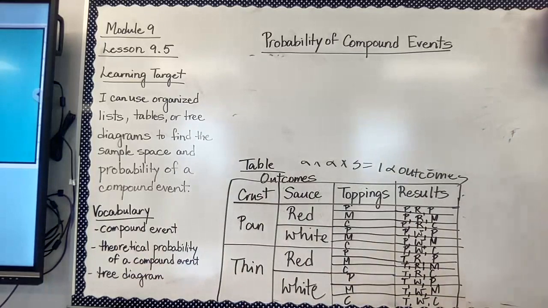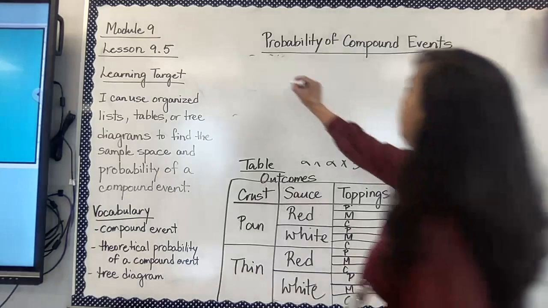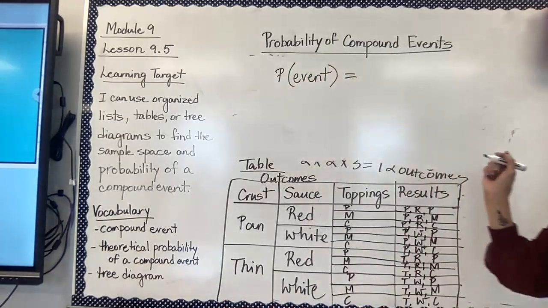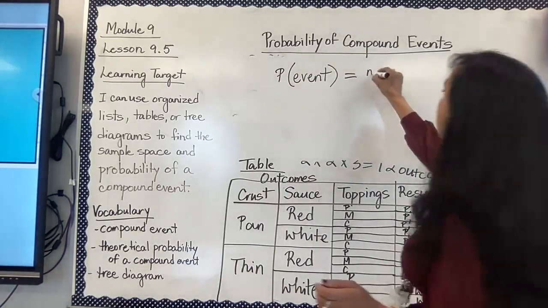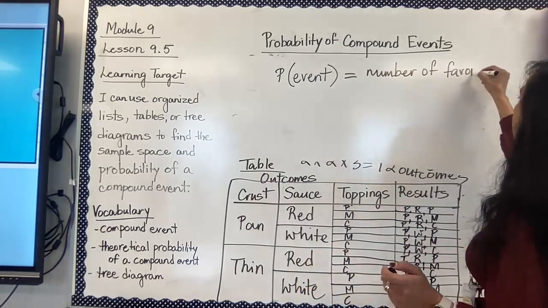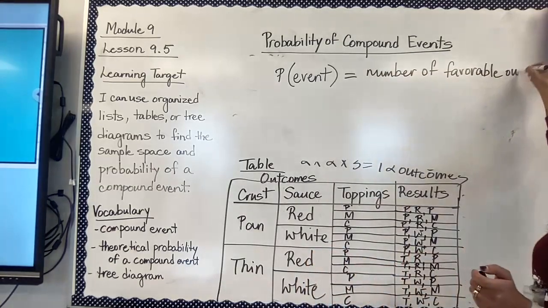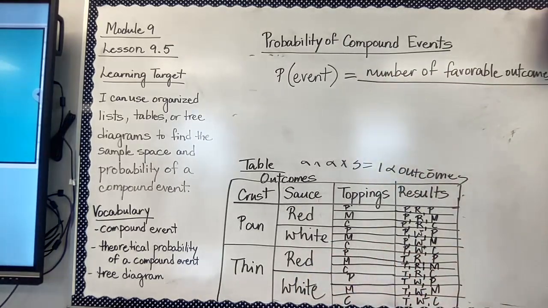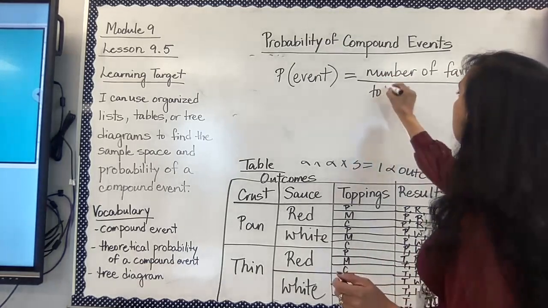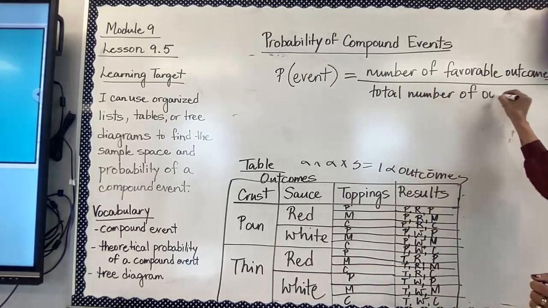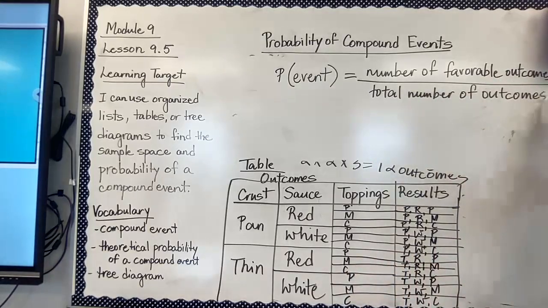The theoretical probability of an event is going to be the ratio of the number of favorable outcomes over my total number of outcomes. So it's got to be a ratio written like this.